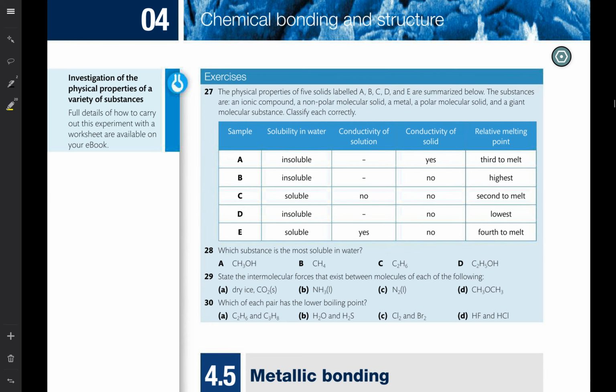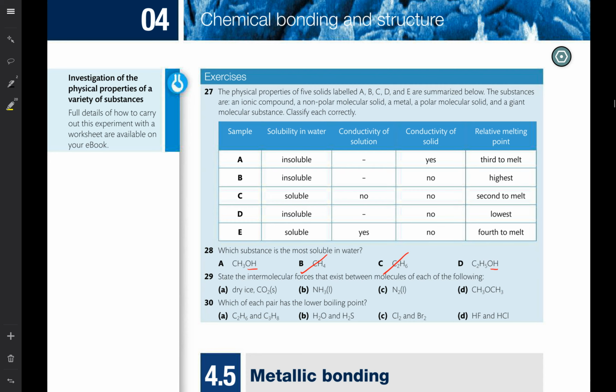Question 28. Which substance is the most soluble in the water? Four substances are given here. Substance B and C are non-polar, so they are not soluble in the water at all. A and B, both of them are alcohol, and you know the alcohols, because they have hydrogen bonding, are very soluble in the water. Also, they have dipole-dipole attraction with the water molecule.